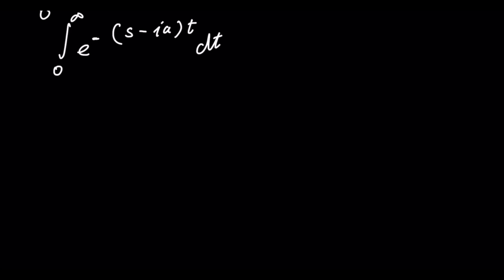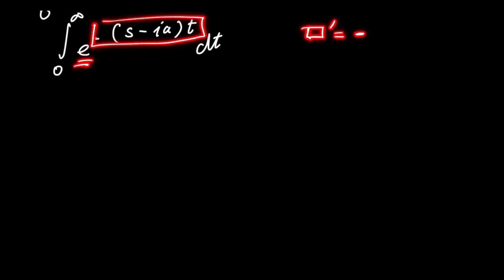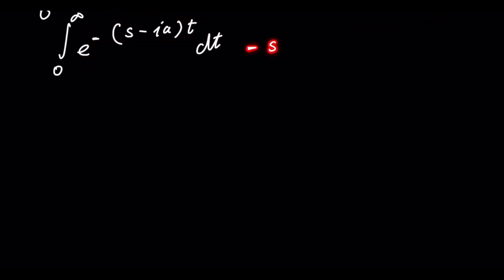We integrate the exponential expression and rewrite everything accordingly. Exponent as base here, this in the box. Differentiation of the box equals minus s minus iota a. So, minus s minus iota a, multiply and divide.